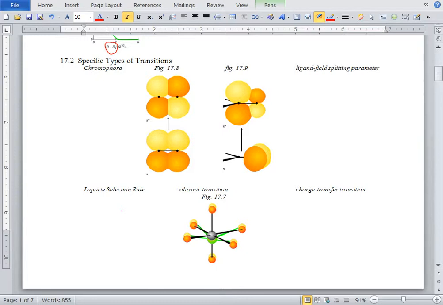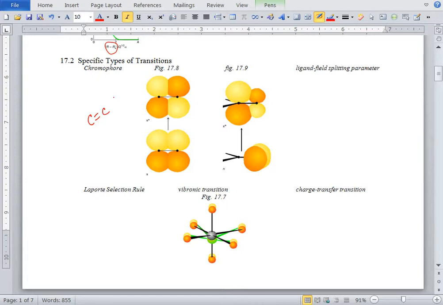Specific types of transitions. You've heard of the word chromophore. What's that mean? The carbon double bond in a molecule is often called a chromophore, because it really likes to undergo this transition. Here are your pi orbitals, above and below the two nuclei.